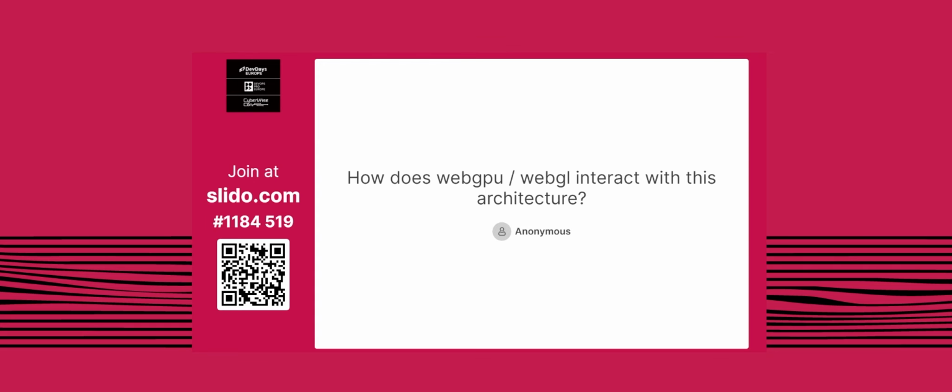WebGPU and WebGL are APIs, so they work like APIs. WebGL, for example, is an API optimized for rendering, for sure, and it works, for example, on the canvas tag. So it is an optimization for the browser, and it is a browser API, a web API.